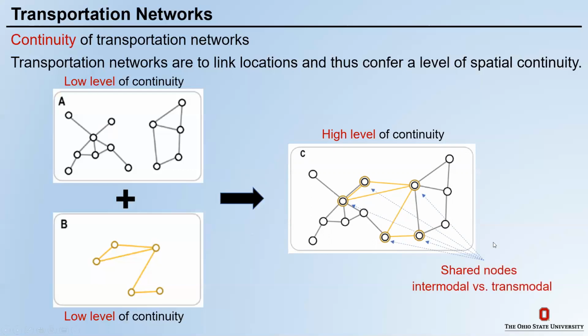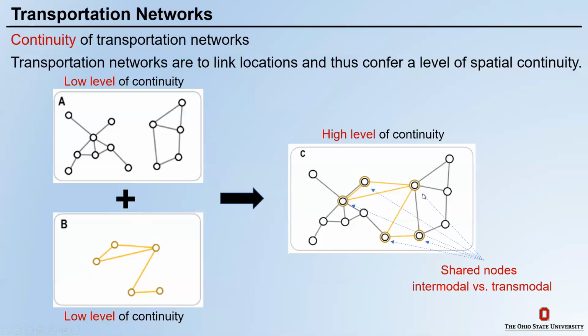And we have several shared nodes, right? 1, 2, 3, 4, 5. 5 shared nodes. Why are they called shared nodes? Because these 5 nodes are shared by 3 small networks.